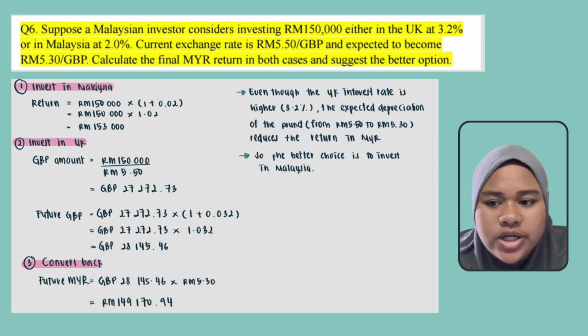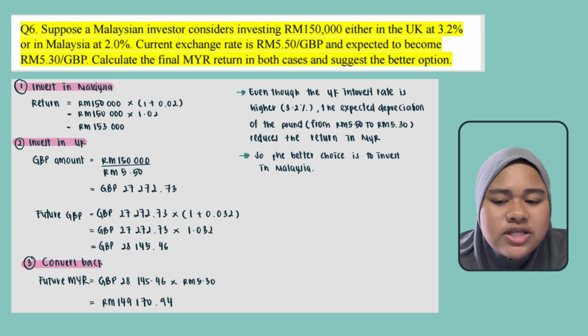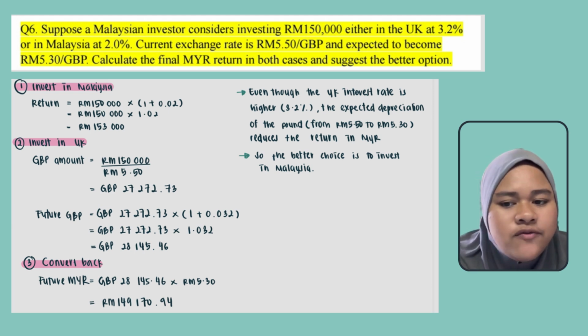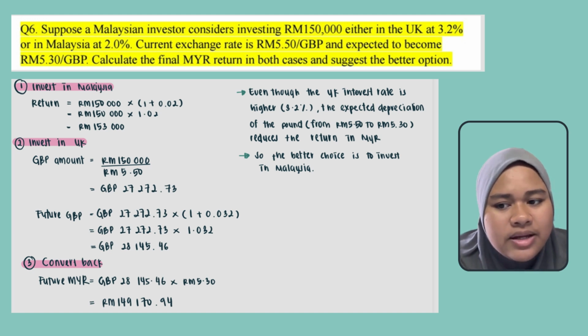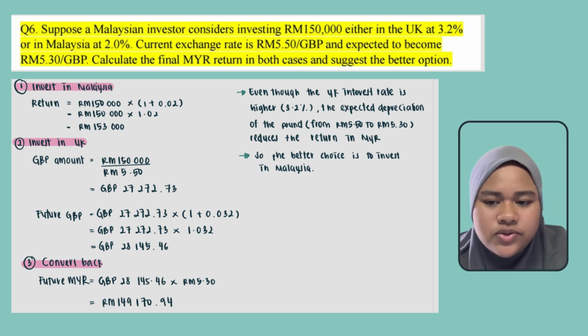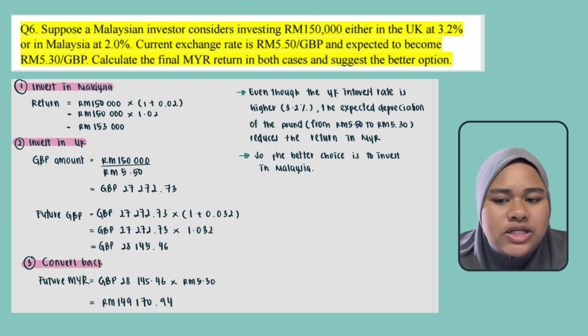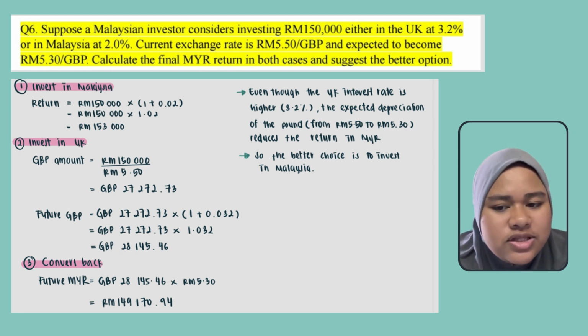So here we can see that the return for investing in Malaysia is 153,000 ringgit, and the return from investing in the UK is 149,170 ringgit 94 cent.